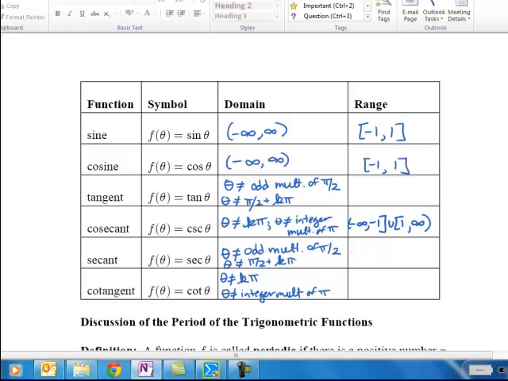Similarly, secant would have the same range because we would be doing the reciprocal of the cosine function. And the cosine function itself was between -1 and 1, so the reciprocal would end up between negative infinity and -1 and 1 to infinity.